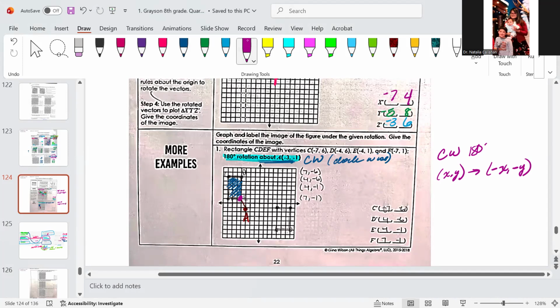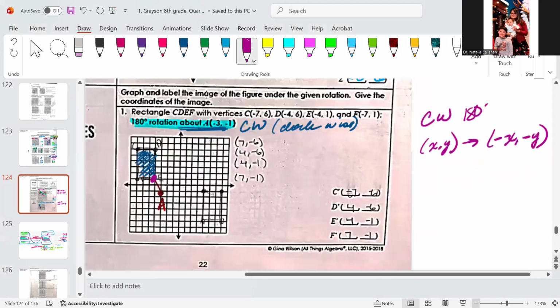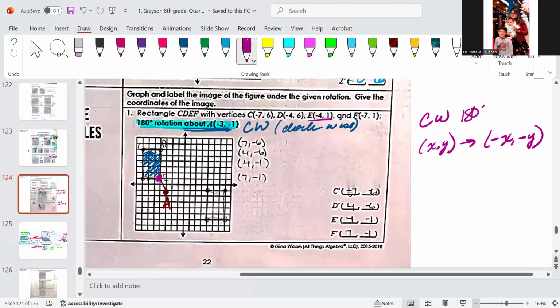Okay, perfect. That's fine. So then for point E right here, that will be (4, -1), right? Yeah. Okay. Then for D, it is going to be (4, -6), right? Yeah. And then for C, it's (7, -6).